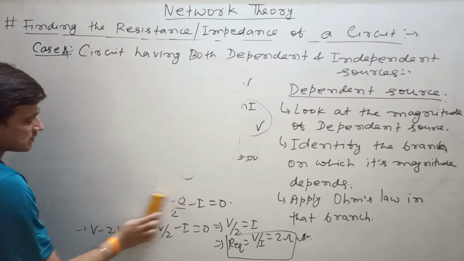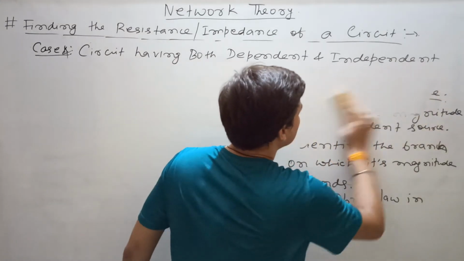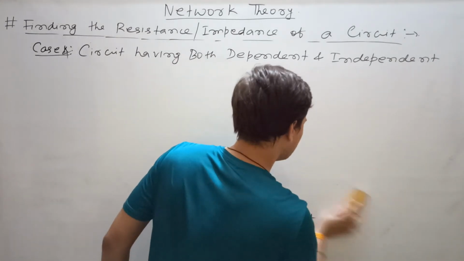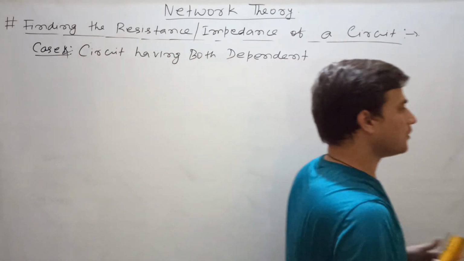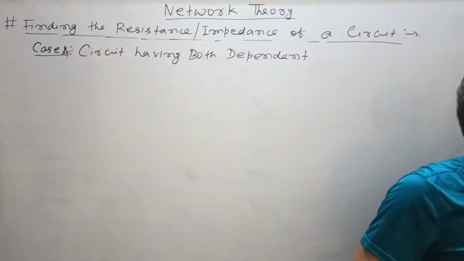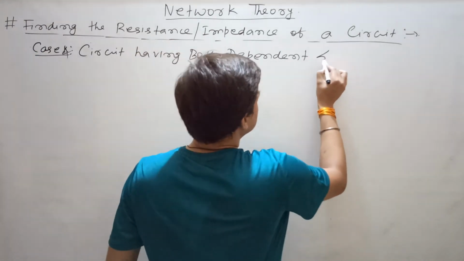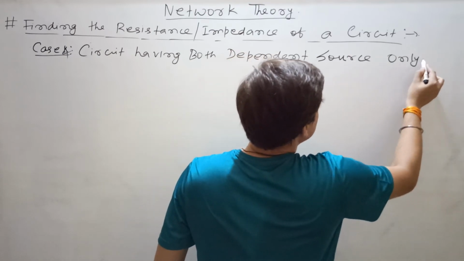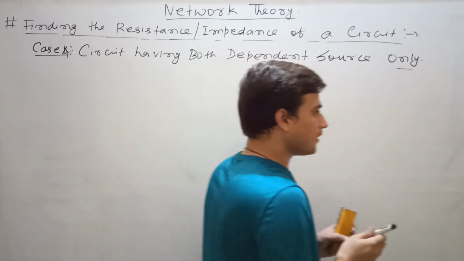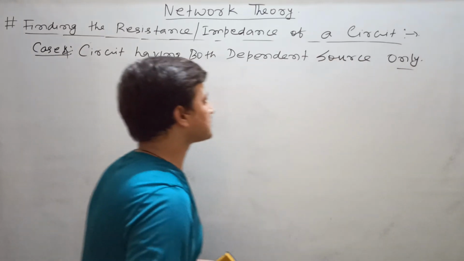In the fourth case, the circuit will have a dependent source only. So let us see the circuit having a dependent source only, and how to solve this type of question. If the circuit is having only a dependent source present, then again let us write the steps.